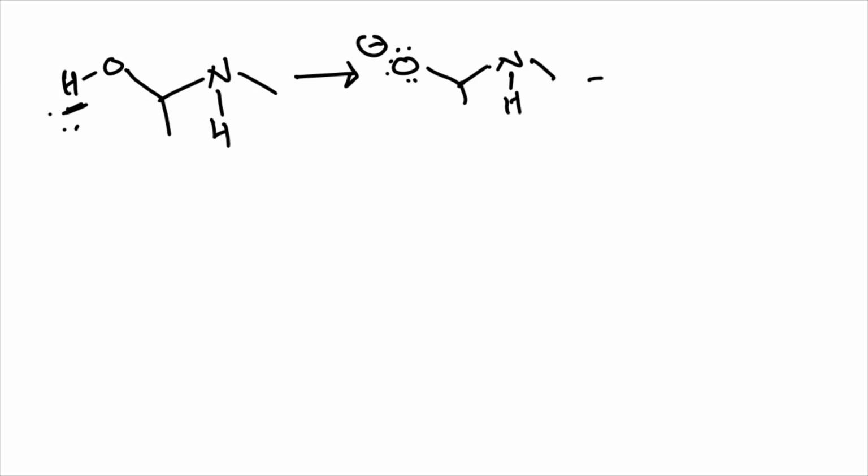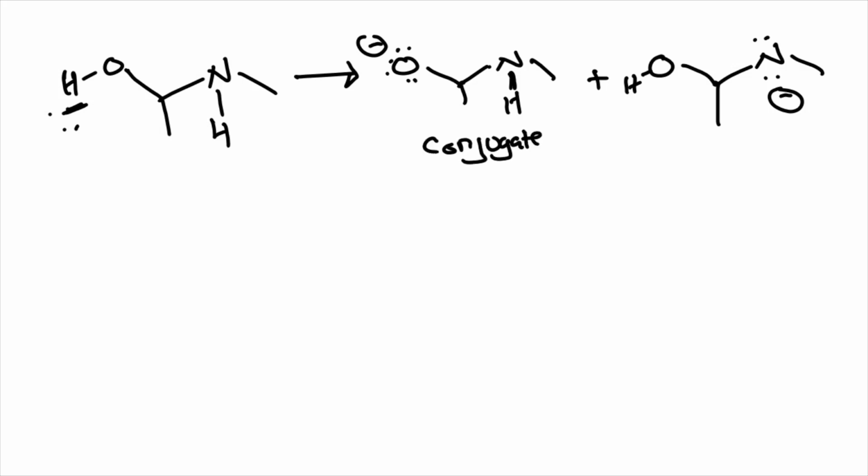And then the other conjugate base is where the nitrogen will lose the hydrogen. Okay, so the oxygen can either still have it like this, so conjugate 1, conjugate 2.